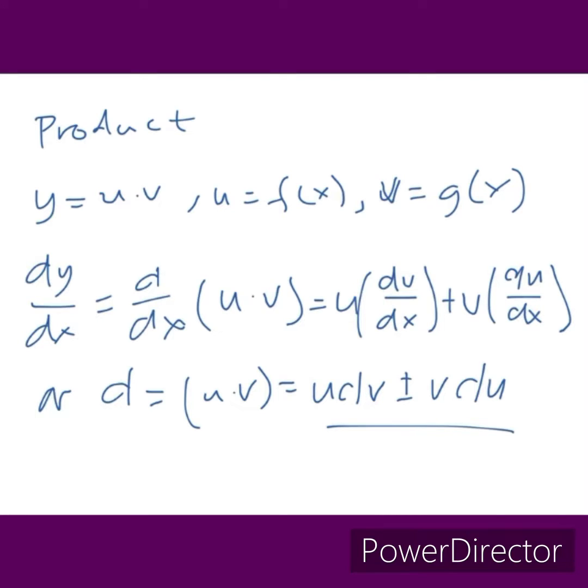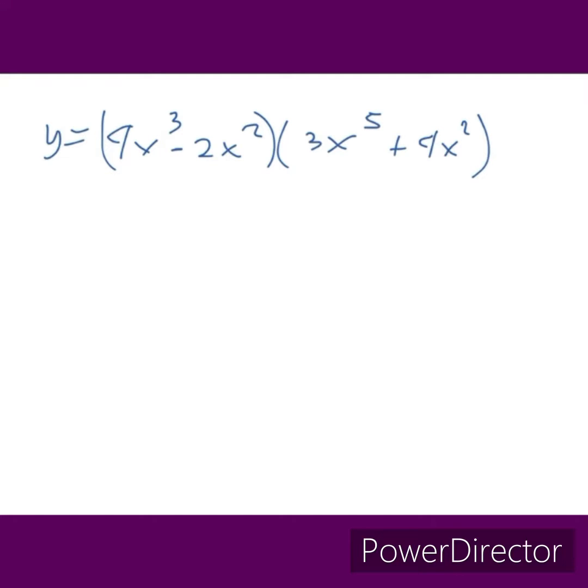Let's try an illustrative example. Find the derivative of y is equal to 4x cubed minus 2x squared times 3x raised to the fifth plus 4x squared. So let u is equal to 4x cubed minus 2x squared.